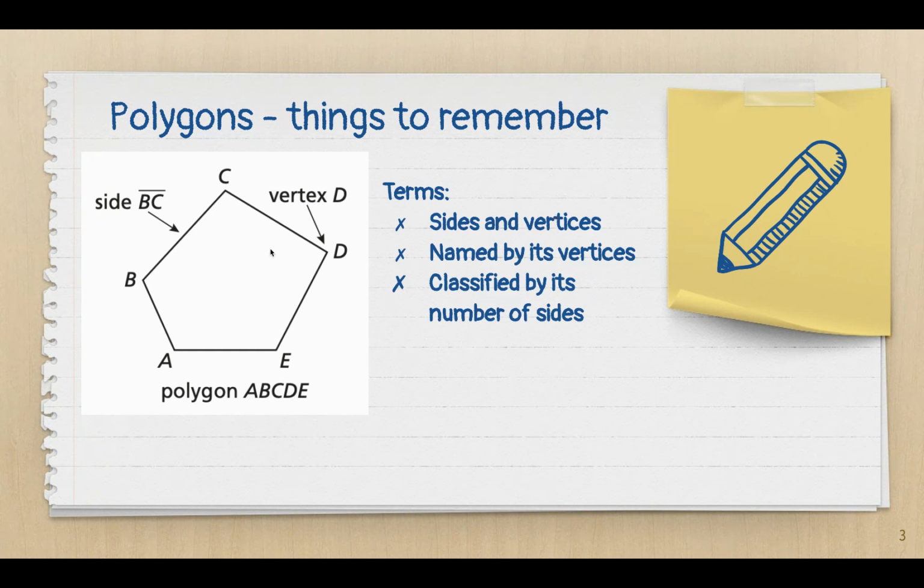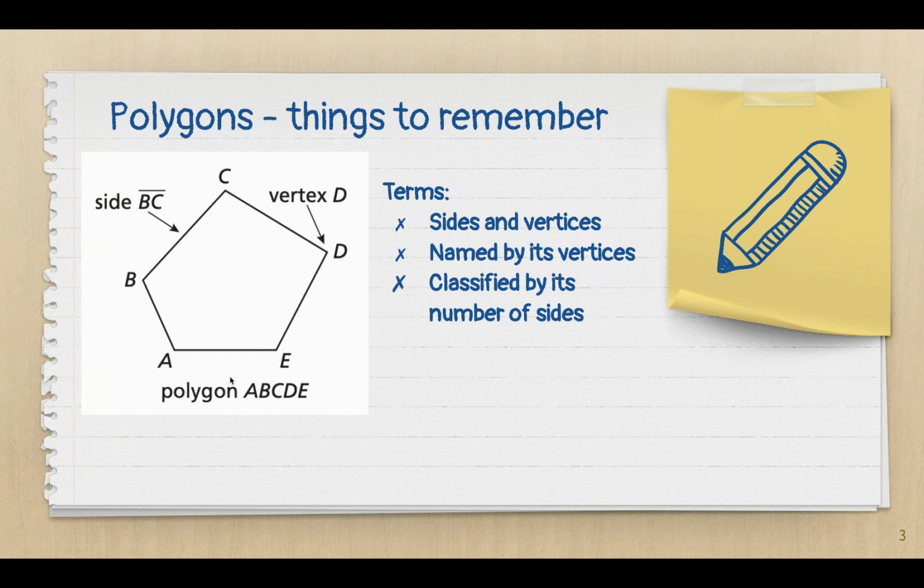We name this polygon by the convention that you start with any one of these vertices. It doesn't matter where you start. I could start with C, and then you just name the vertices consecutively. So I could call this polygon CDEAB.